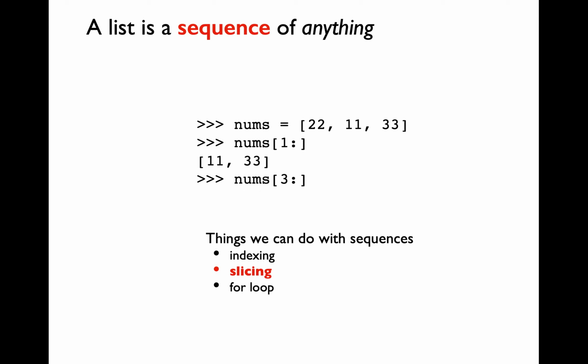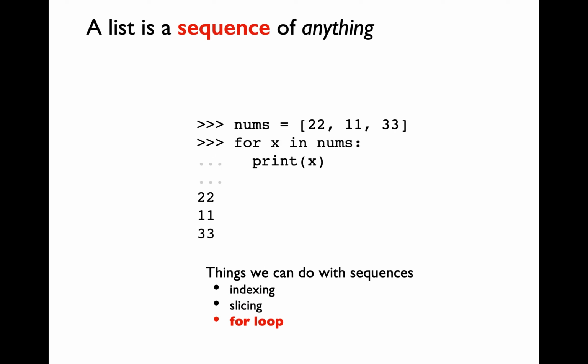What is slice of nums of 3 colon? That's going to be an empty list. Recall that Python is fine if you use a non-existing index for slicing, but for indexing, you need to always make sure to only use existing index positions. Python is flexible when it comes to slicing.